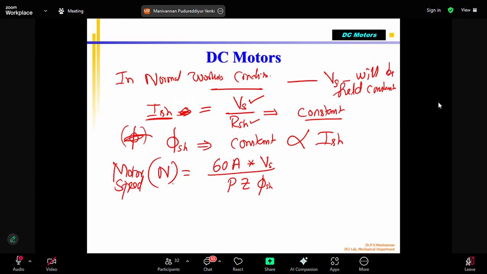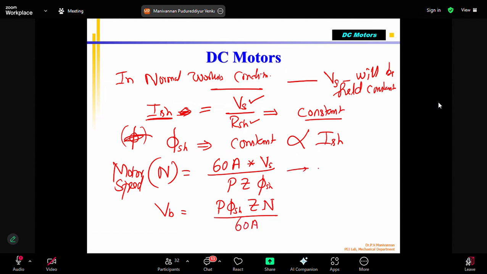I represent it by capital N. Capital N, the motor speed, is nothing but 60A into V supply divided by P into Z into phi shunt. What about the back EMF? The back EMF VB equals P into phi shunt into Z into N divided by 60A.